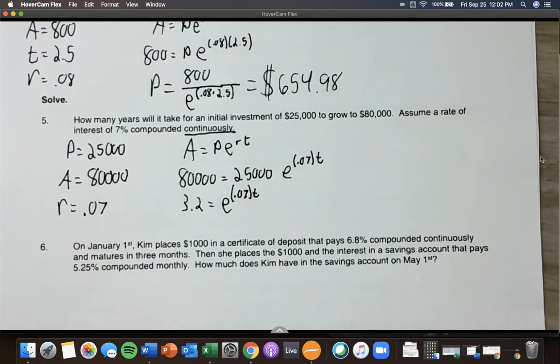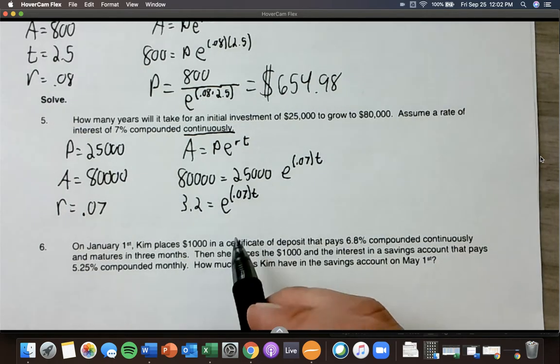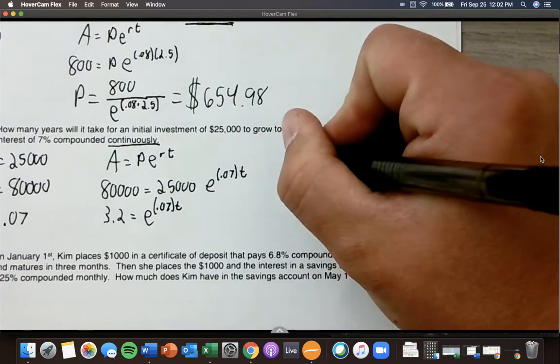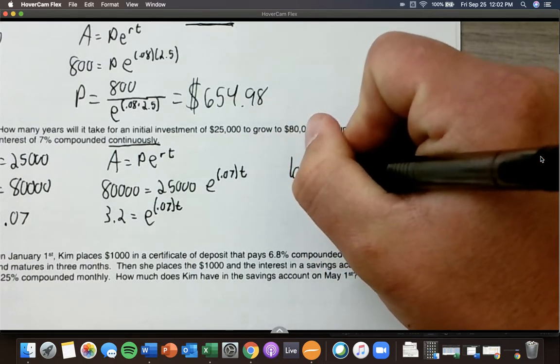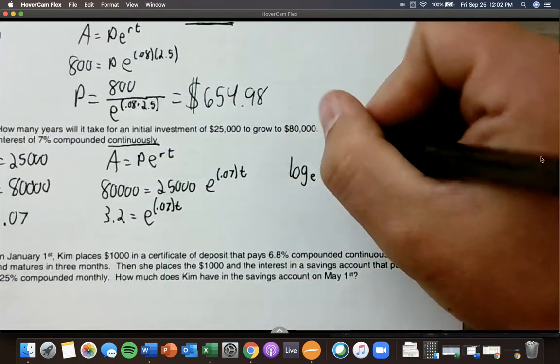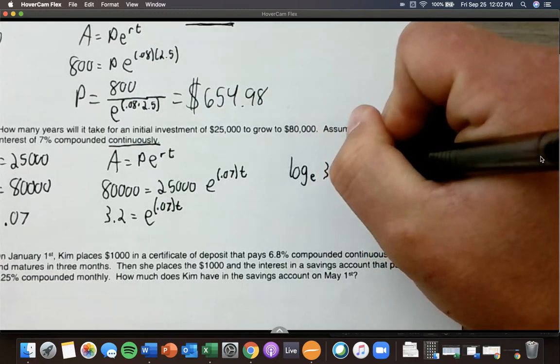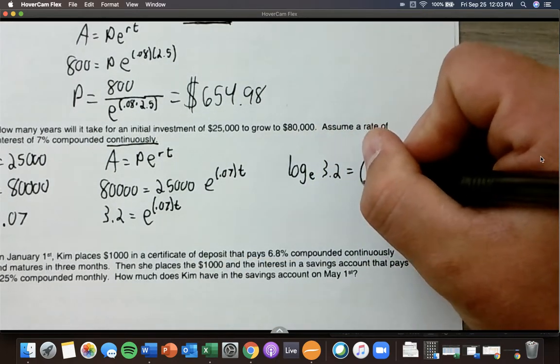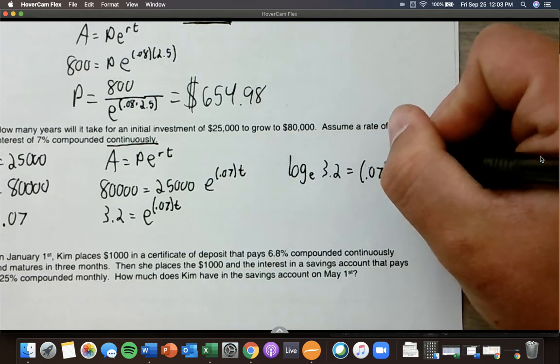Right, and if we remember what we've been talking about the past couple of days, we can use logarithms to solve this problem. What we can do is transform this into our log form and say log base e of 3.2 is equal to our exponent, which is 0.07 times t.